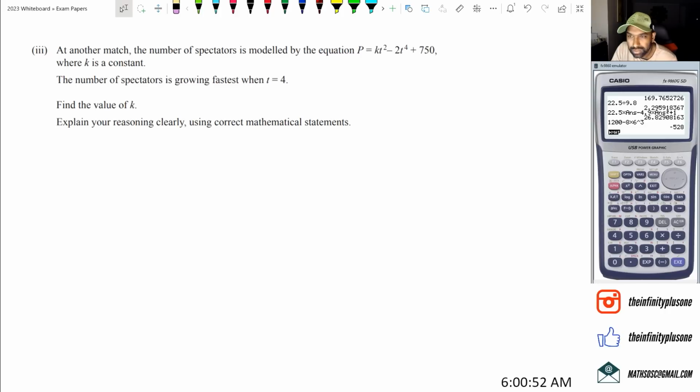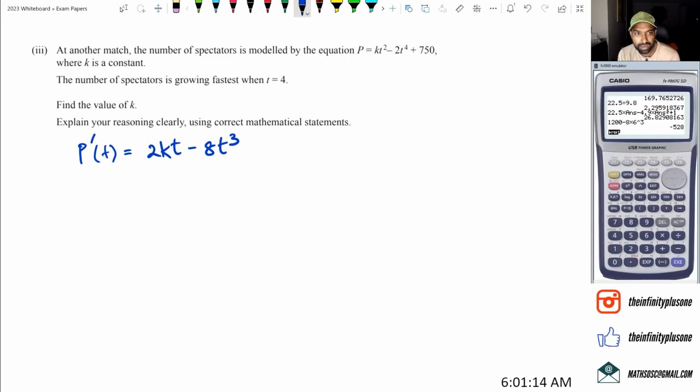So this one is a little bit different, right? Because we've got to figure out what p dash is first. When we work out what p dash of t is, we're going to get 2kt minus 8t cubed. But here's the thing.